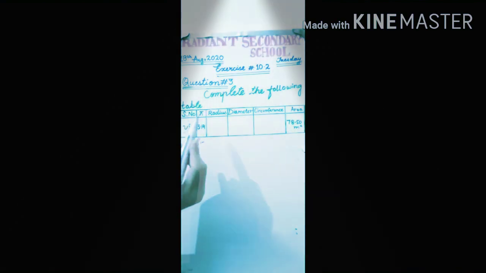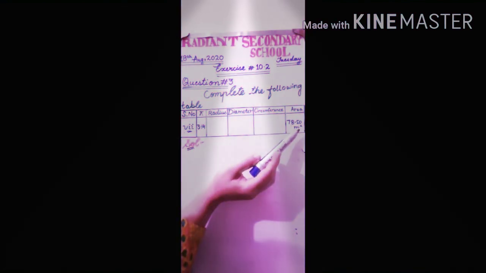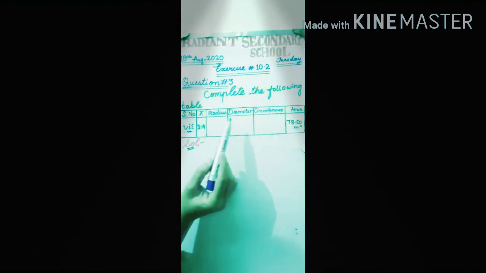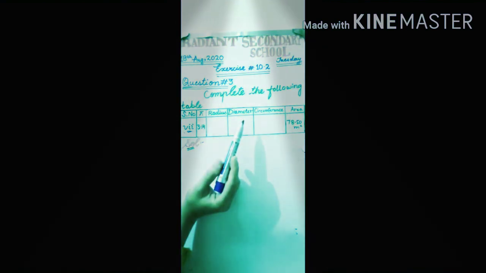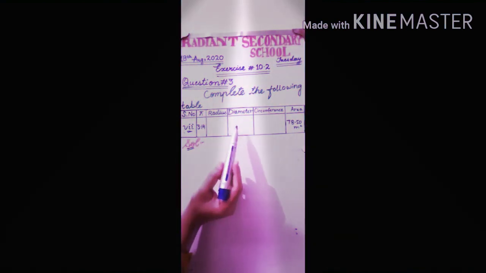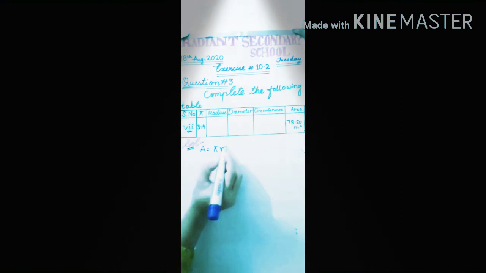Now in the 7th part, the value of pi is 3.14 and only the area is given, 78.50 meter square. We have to find the radius, diameter and circumference first. With the help of area, we will find the radius first. The formula of area is pi r square.